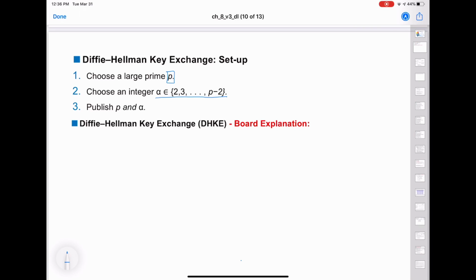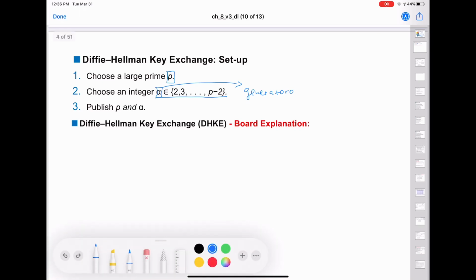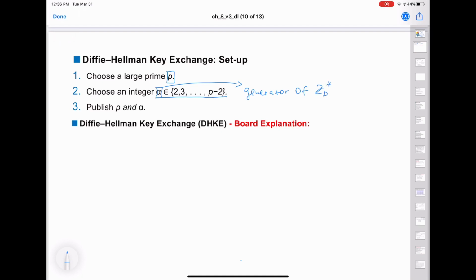And this has to be a generator. Alpha has to be a generator of, let's say, Z_P star, which I will talk about soon, what a generator means, okay? And then we will publish P and alpha.